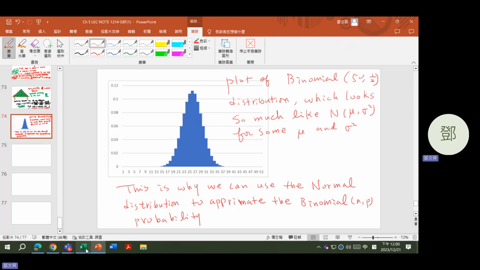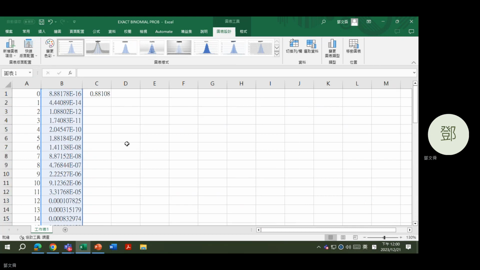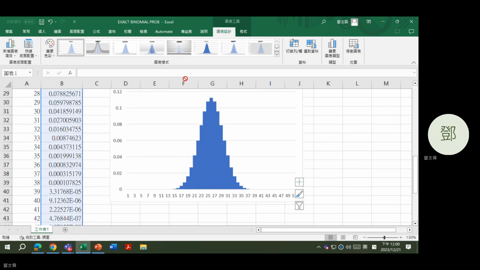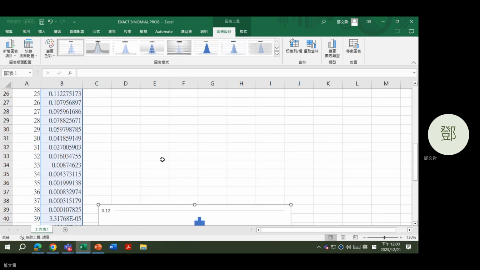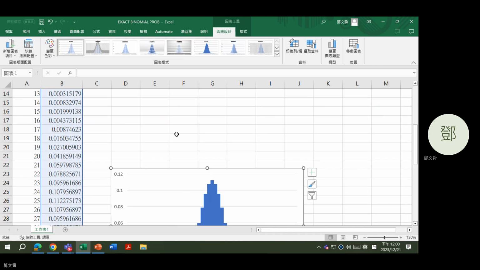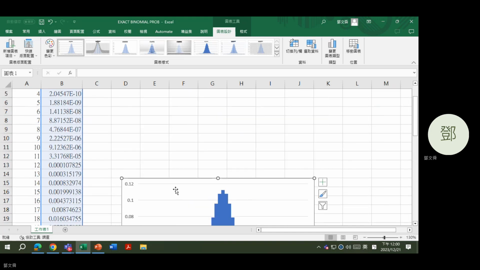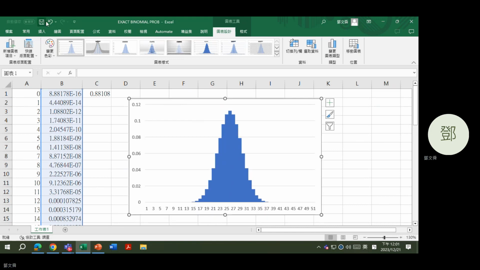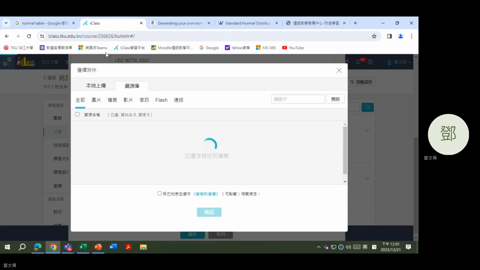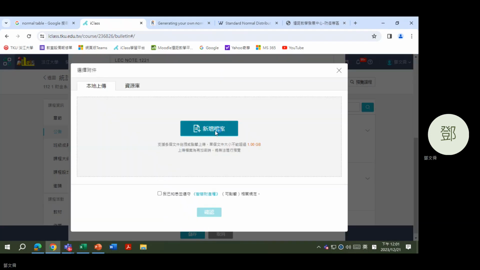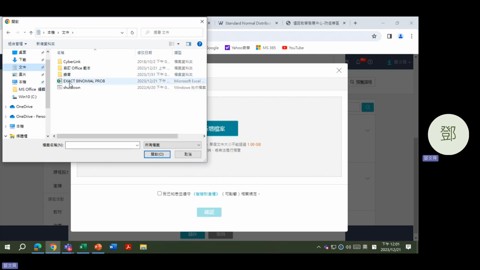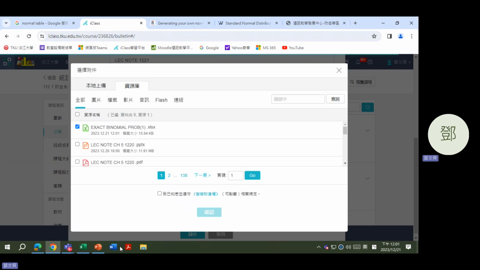All right, and I will give you also this chart. All right. Yep. Safe. And here. Don't panic. Where is it? This one. Yep. And also this one.